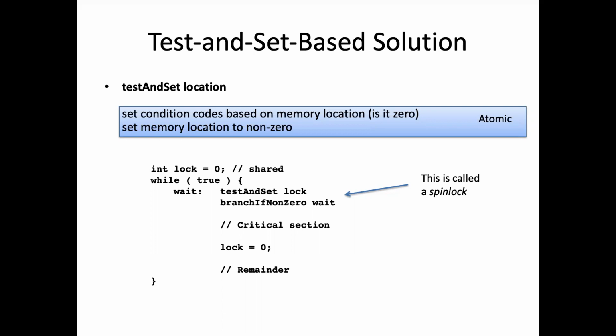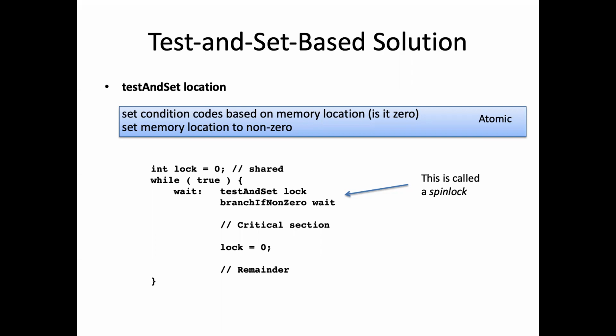That's what I put in the blue box up at the top of my slides. It does two things, but it does them atomically. So by that I mean, it's as if they both happen at once. You give it a memory location, and it tests that memory location to see if it's 0 or not. In your assembly language class, which most of you are taking right now, you're learning about machine instructions, and you're learning about things usually that are called status codes.